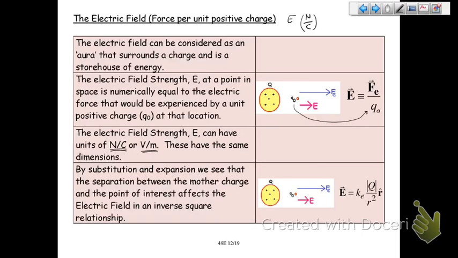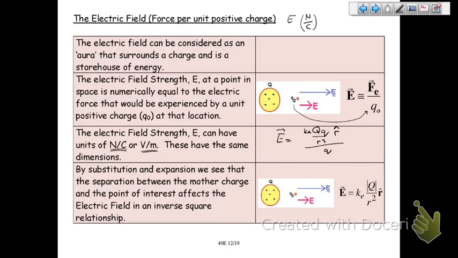We can get that because I have an expression for the electric force. E is equal to KE big Q, little q, over R squared times the unit vector, and we divide that by the little charge.